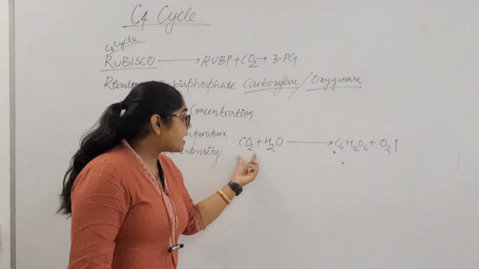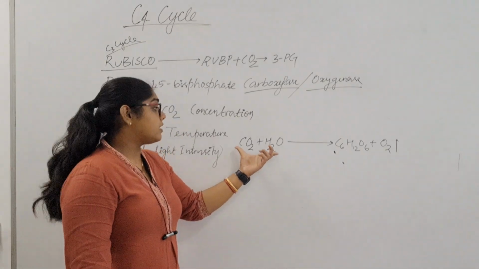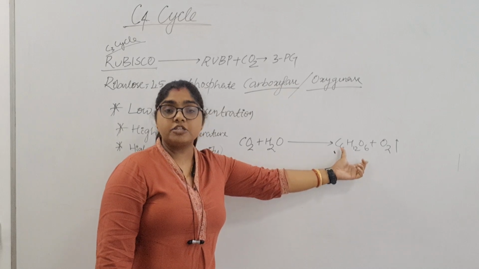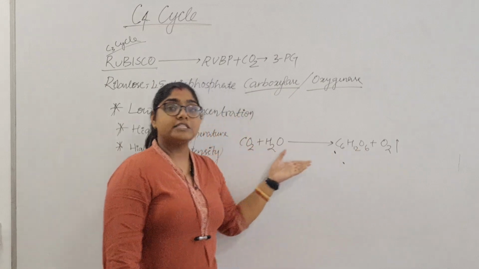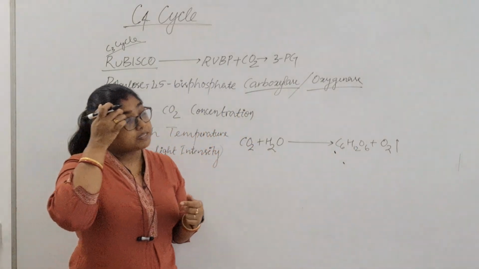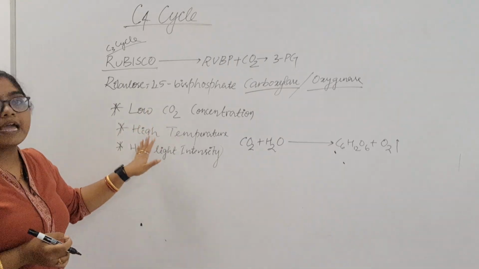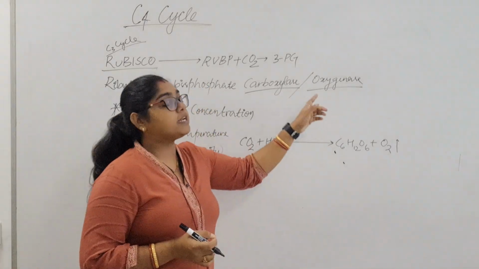So carbon dioxide has to be fixed, and the carboxylation process has to be active to produce glucose or starch as food for the plant, and it releases oxygen. But in low carbon dioxide concentration, high temperature or high light intensity, RuBisCO gets confused.